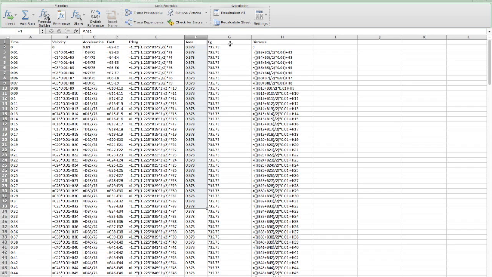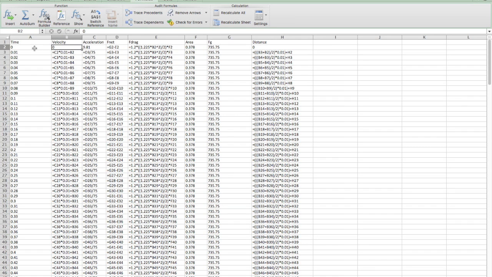Area is another constant, so it will not change throughout, as well as the force of gravity, which will also remain the same throughout every calculation. This next part is where it starts to get a little bit complicated, because each of the next variables is dependent on another one. To simplify things, I'll just say that the rest of the variables are given an equation that relates them to one another that will complete each row of data.